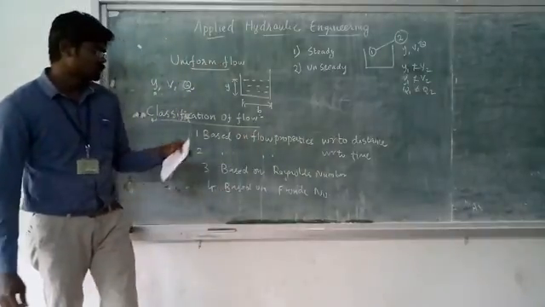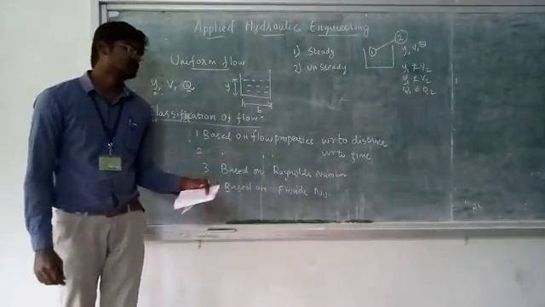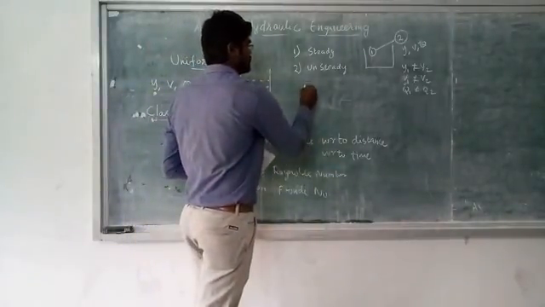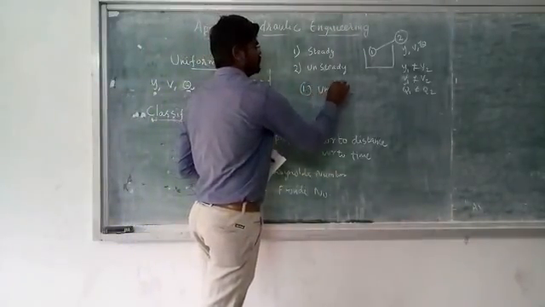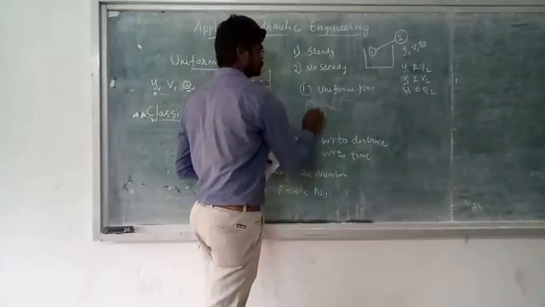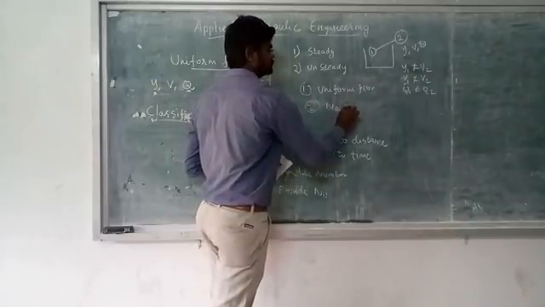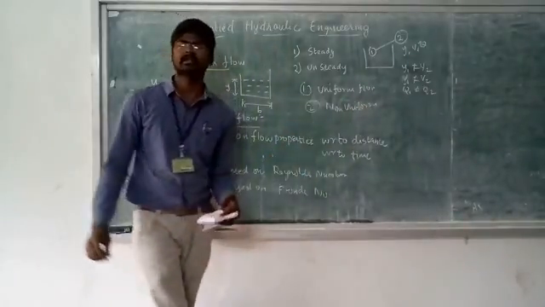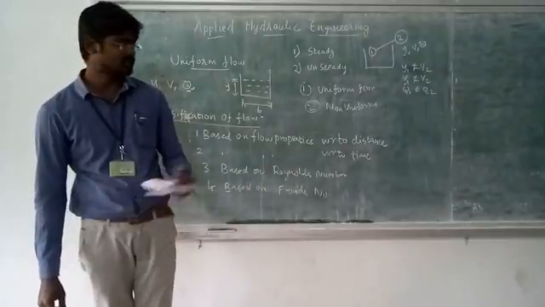The second one is based on flow properties with respect to time. Based on time, we can classify as number one, uniform flow, and number two, non-uniform flow. As the name indicates, we can differentiate easily.